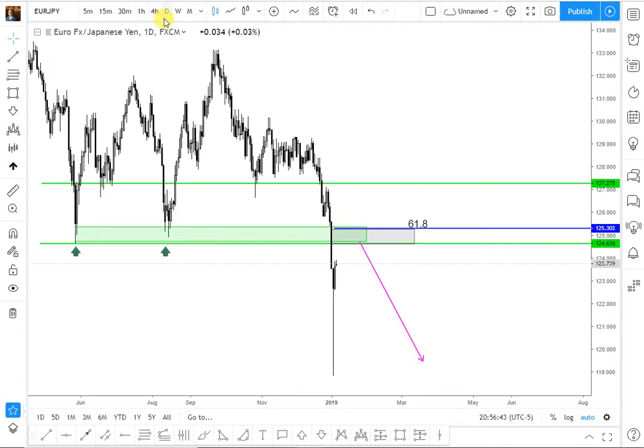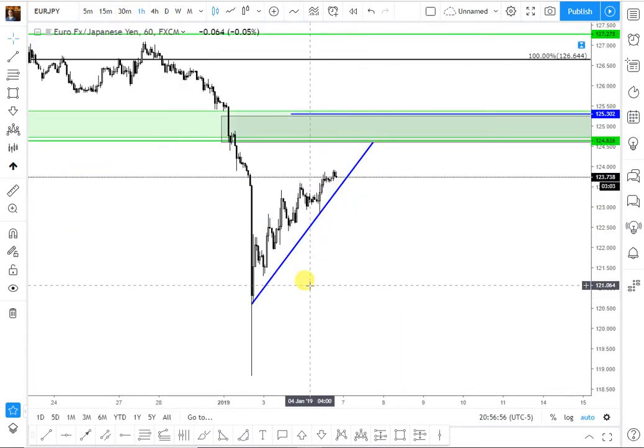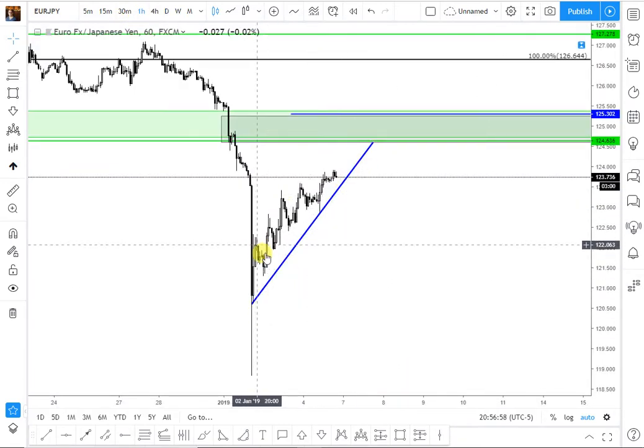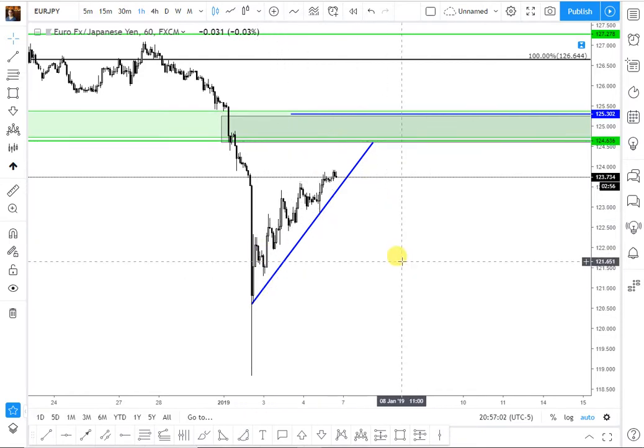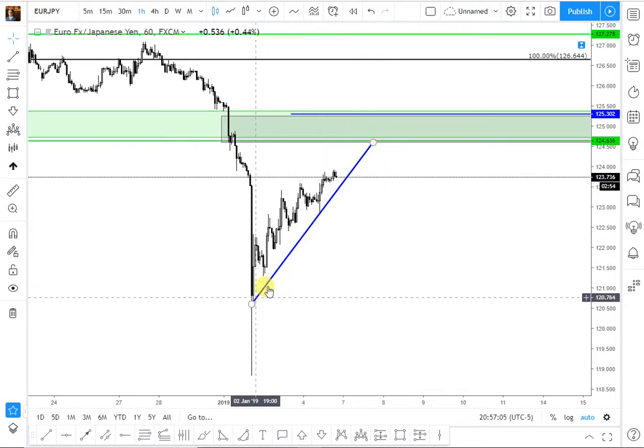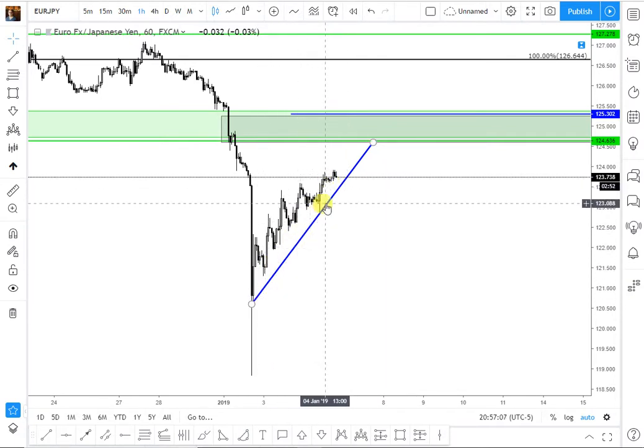We are looking for a reversal pattern, so we can enter this trade with a small stop loss in the 1 hour time frame here. Another way to enter this trade for a short as well is to break and close below the support line here.